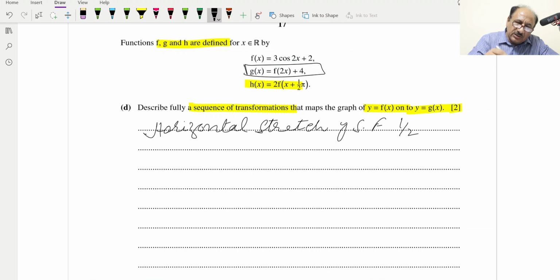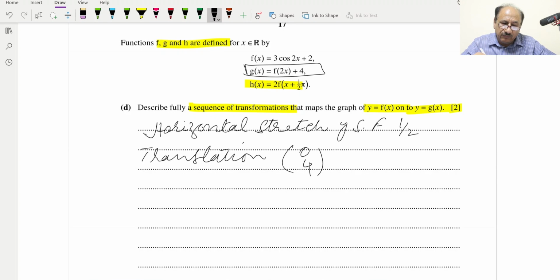So it will be horizontal stretch by a scale factor 1 by 2, and it will be translation also, translation to the left basically. So it will be 0, and for the y value basically it will be changing, so it will be going down by 4 units. So 0, 4, so it will be translation by this one.